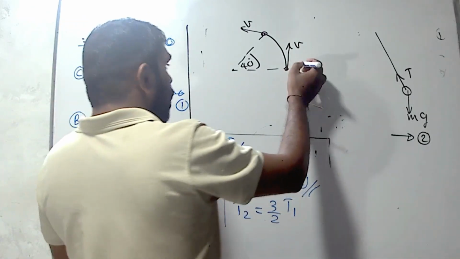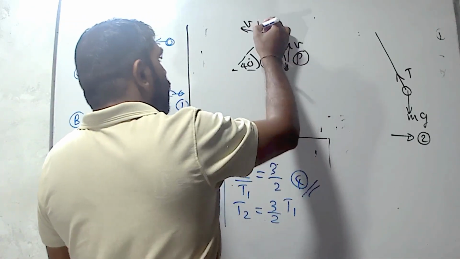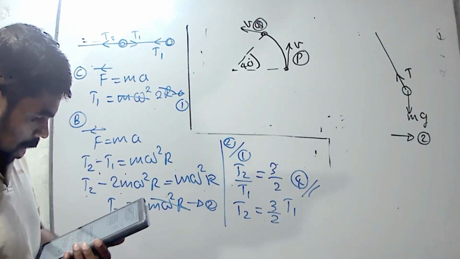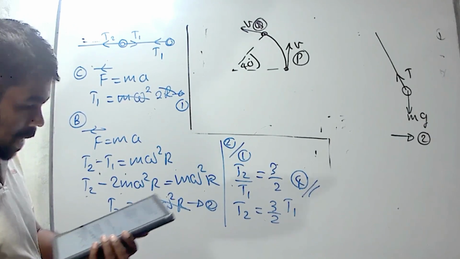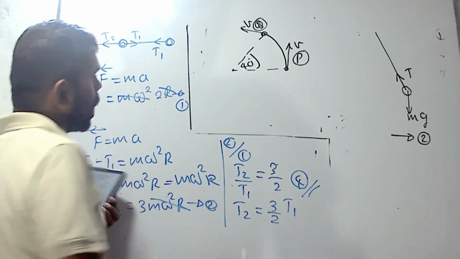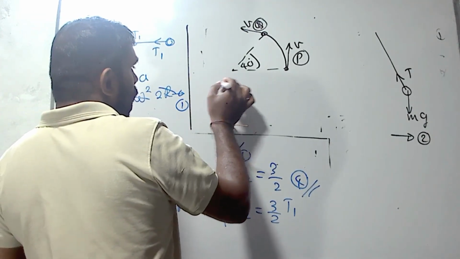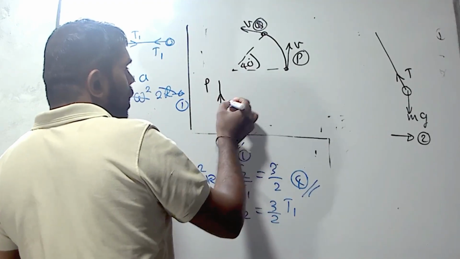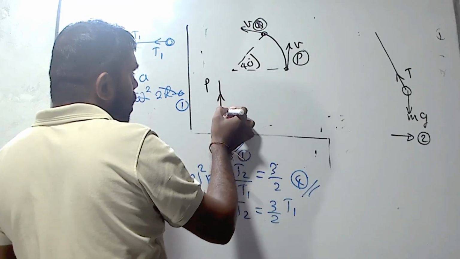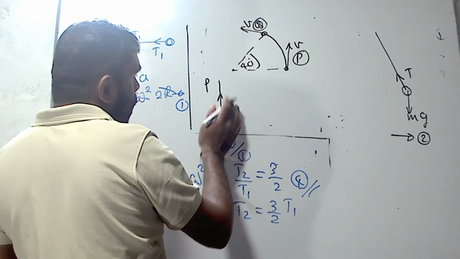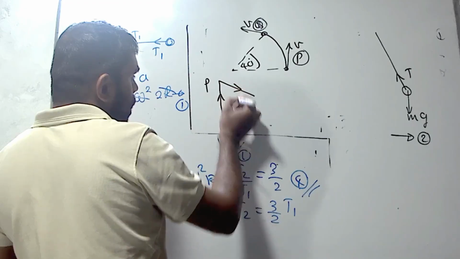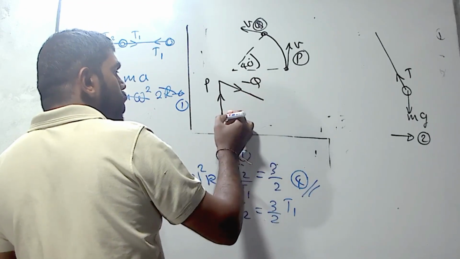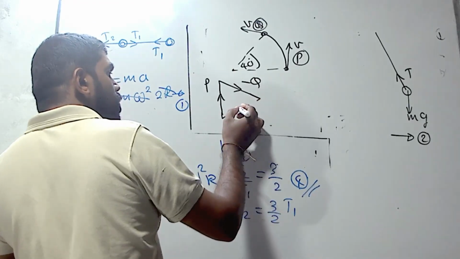This vector is given as P, this one as Q. We have to find P minus Q, the difference between P and Q. P is in this direction, and minus Q is in the opposite direction, this direction. Then we can obtain P minus Q by using this vector.